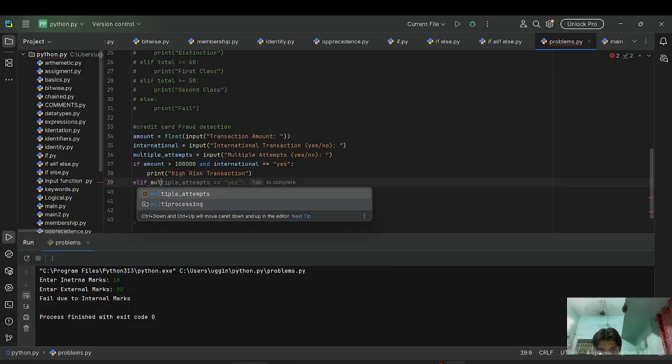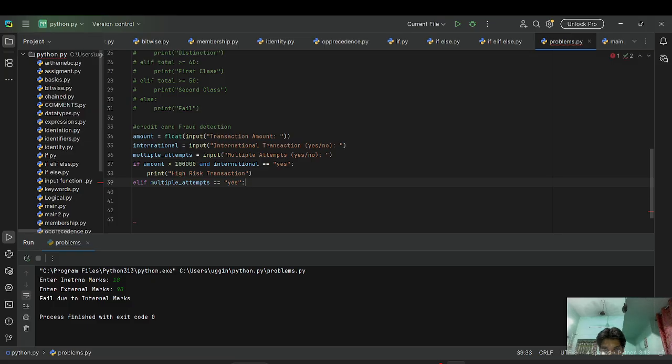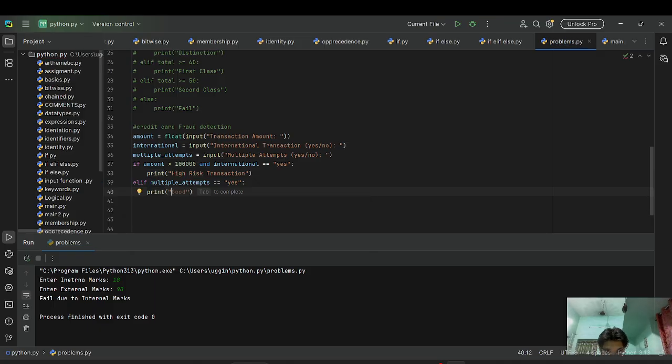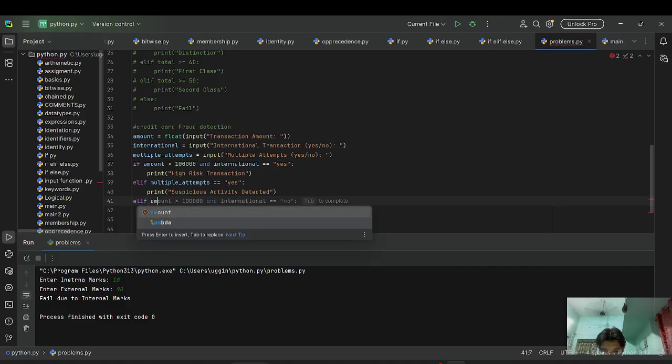This is multiple attempts equal to yes. Now let's print suspicious activity detected. Amount greater than around 50,000.